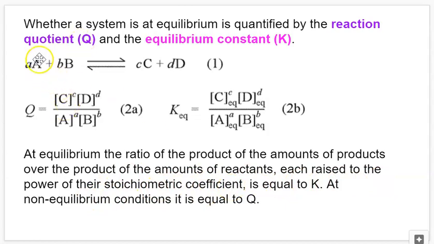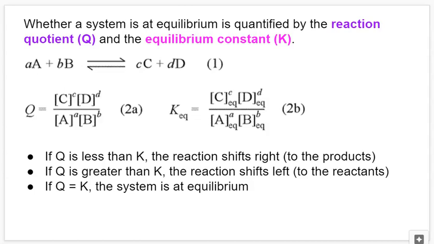So, for example, the products here are C and D, so it's C and D raised to the power of little c and little d, which are their molar coefficients. If we're at equilibrium, and if all of these amounts are the equilibrium amounts, the expression is equal to K or K_eq. And if it's not at equilibrium conditions, if we still haven't reached equilibrium yet, it's represented as Q. And these things are gonna make sense a little bit later.